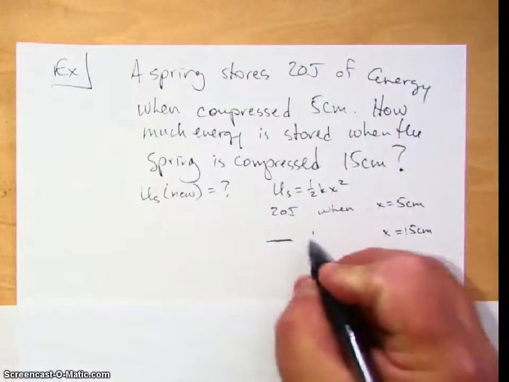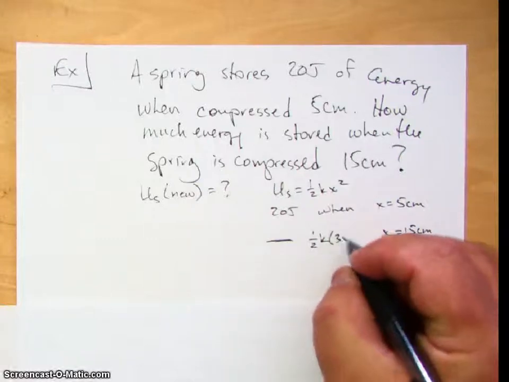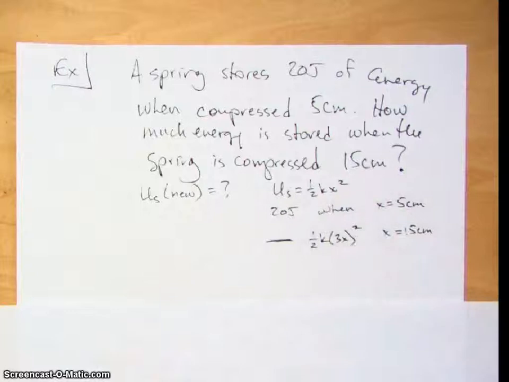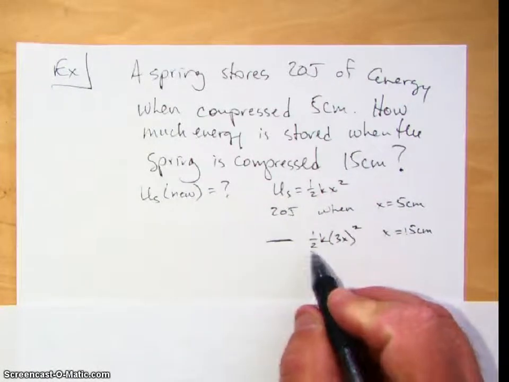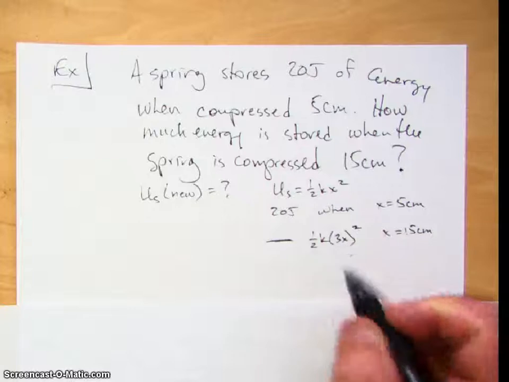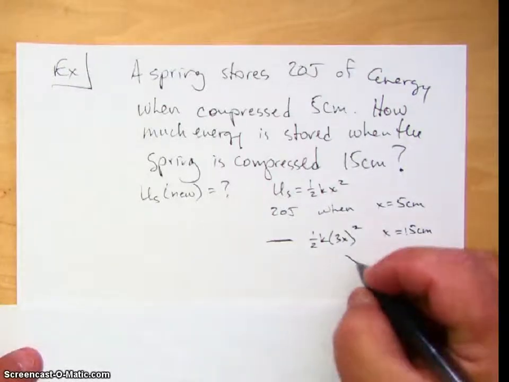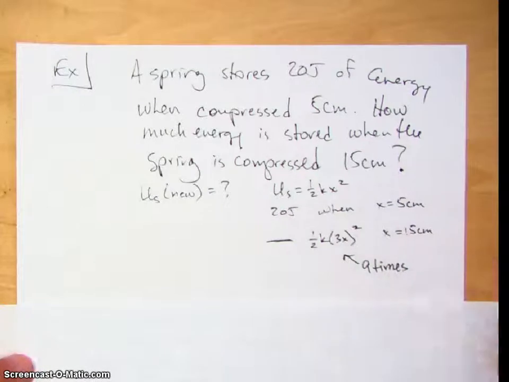So I'm going to have 1/2 k, and what I'm doing is tripling x, and that's squared. So I get 1/2 times 9 k. What happens essentially is this thing changed by 9 times, because 3 squared is 9.